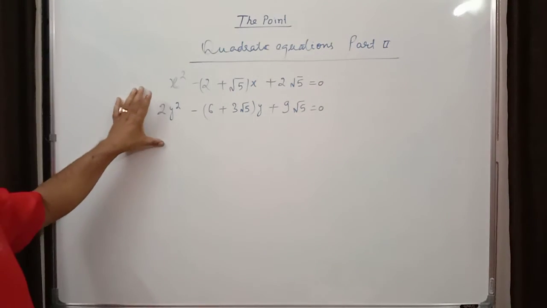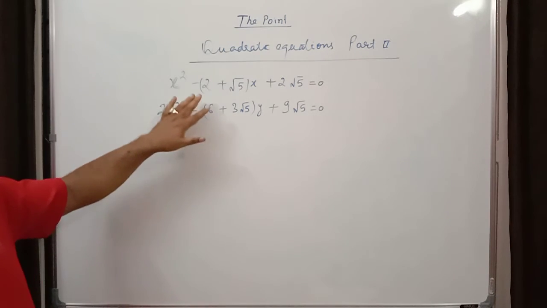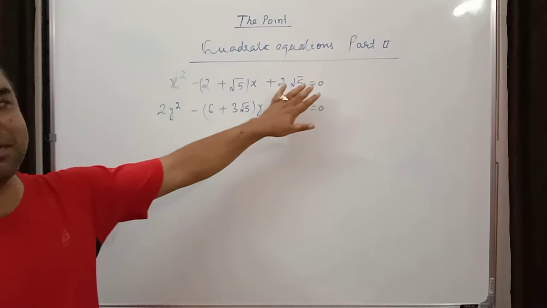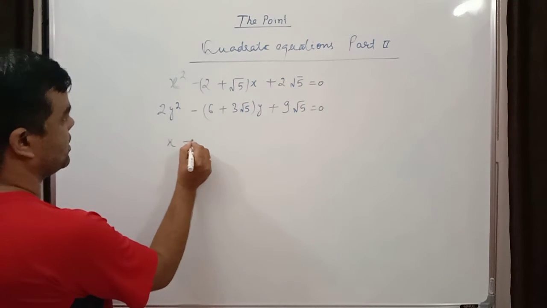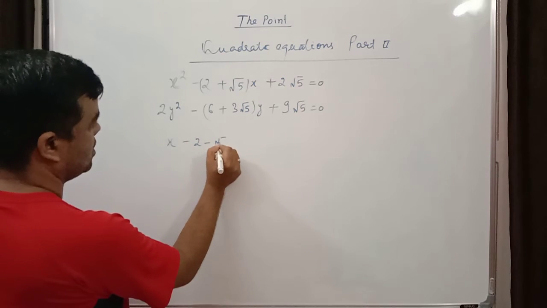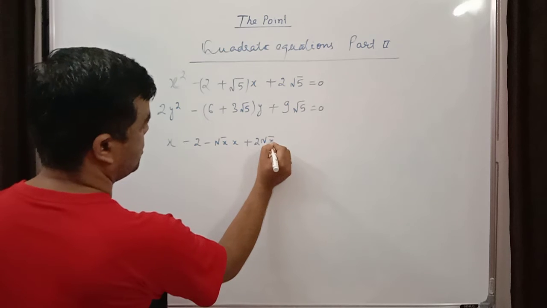Okay. So one easy process, it is given just because inside the bracket you open the bracket and take common, the equation will be solved. So for the first equation you take x square minus 2x minus root 5x plus 2 root 5.